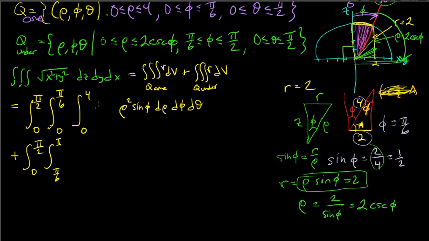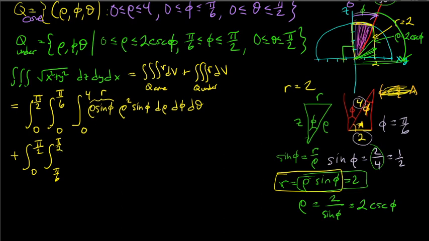What is r in terms of spherical coordinates? I just wrote it down earlier. Here it is again. r is rho sine phi. It used to be called r, but we have to convert it to rho, phi, and theta, right?